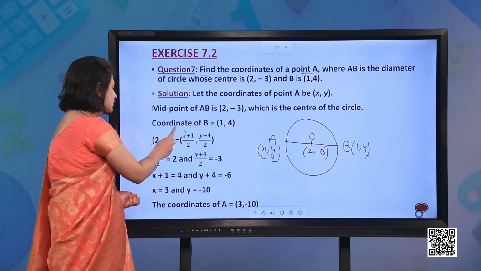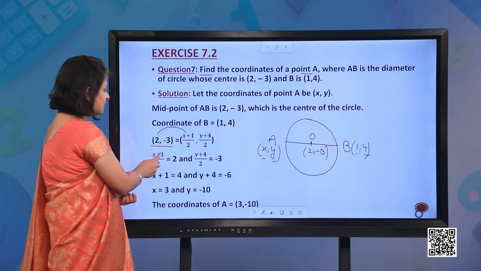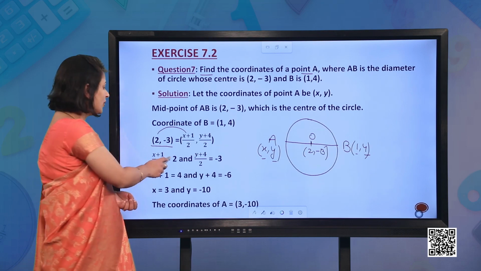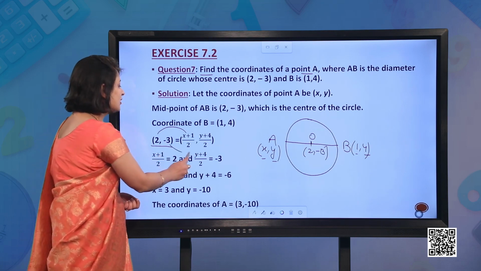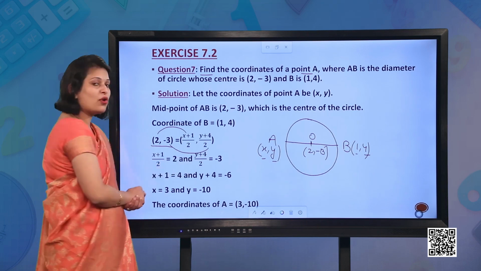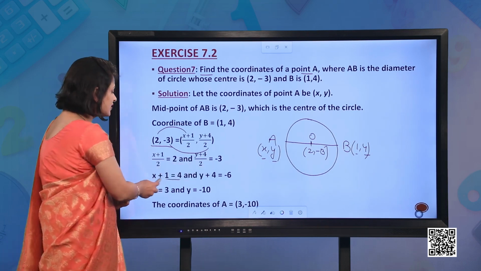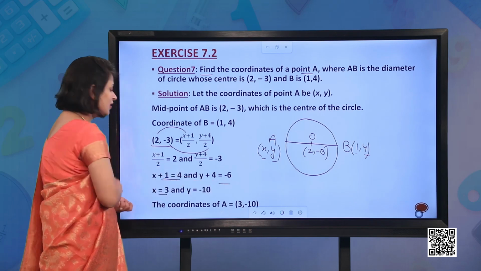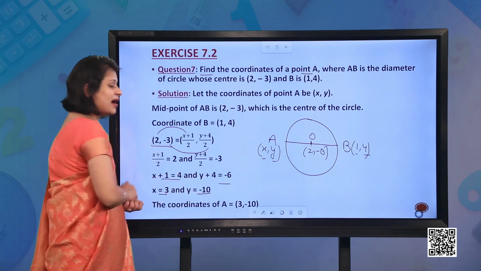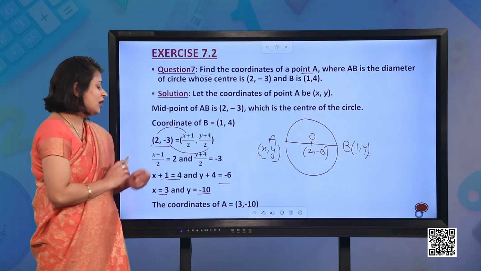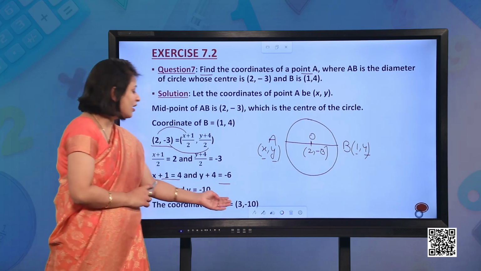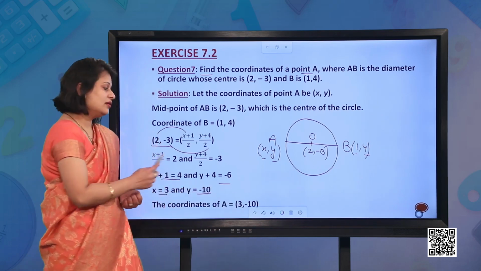Now simply take the x coordinates. (x plus 1) divided by 2 is equal to 2, and by taking the y coordinates, (y plus 4) divided by 2 is equal to -3. Solve for x. You will get x as 3 and y as -10. So the coordinates of point A are (3, -10).